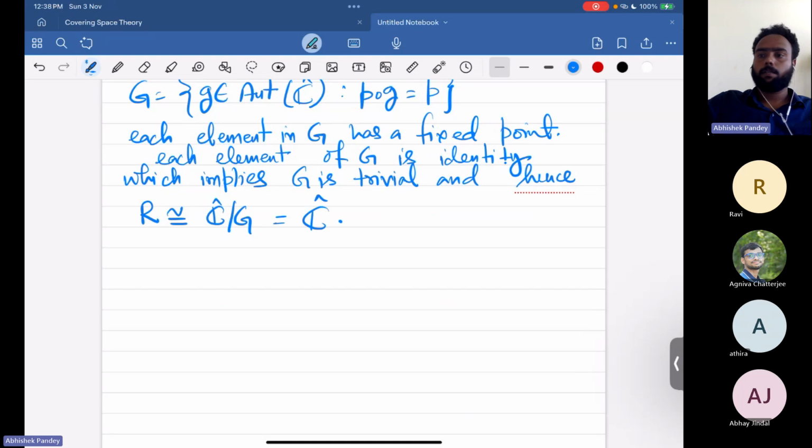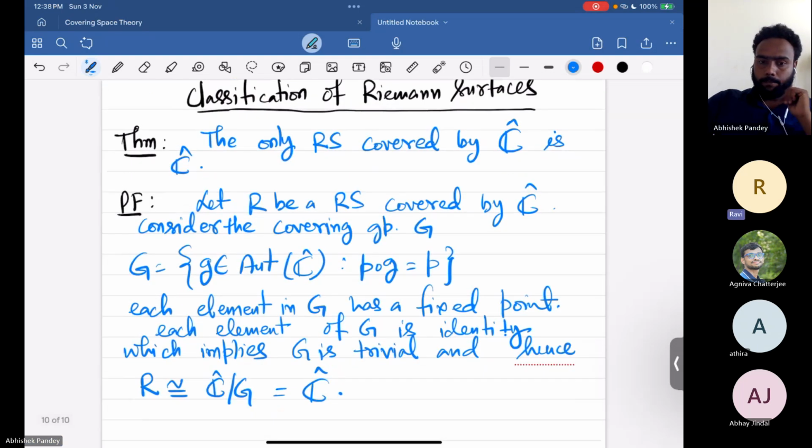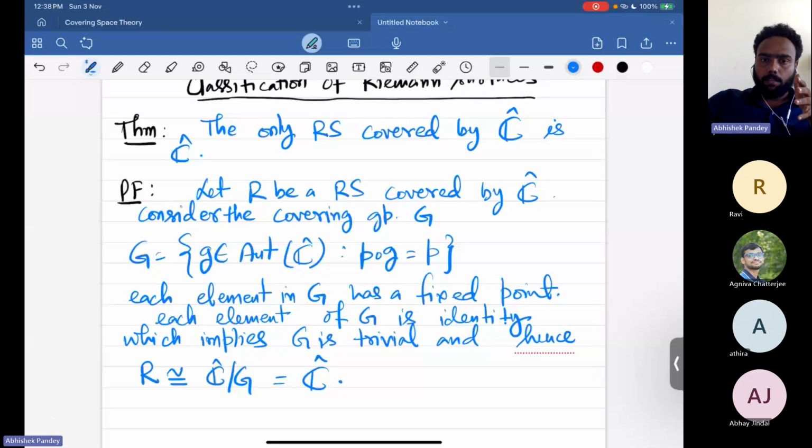Is it clear? So the only Riemann surface covered by C hat is C hat itself, up to conformal equivalence.